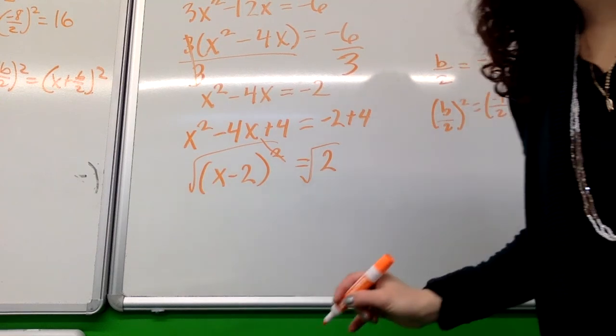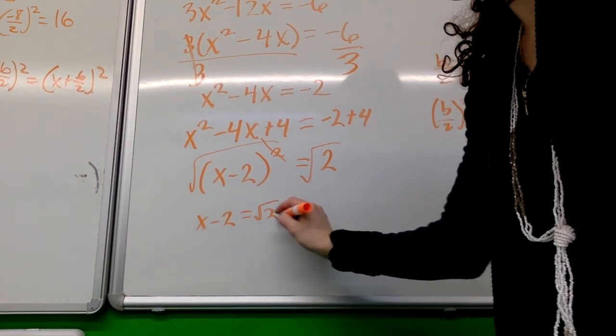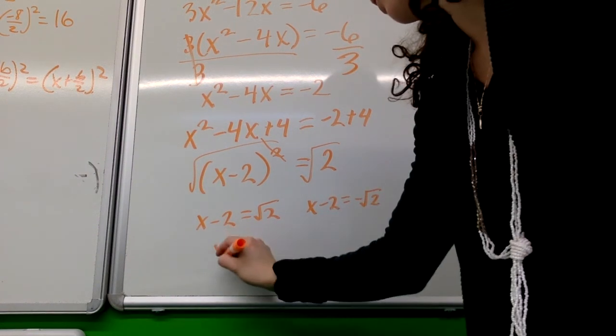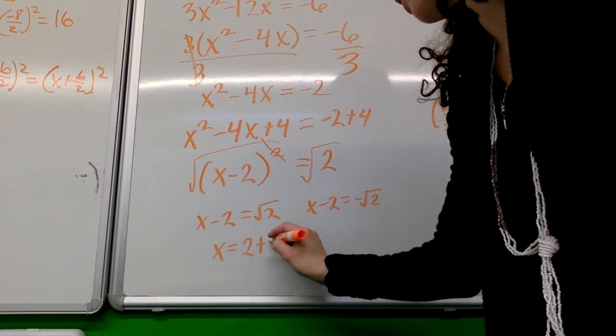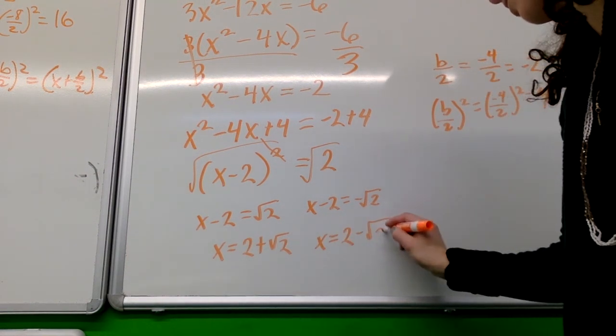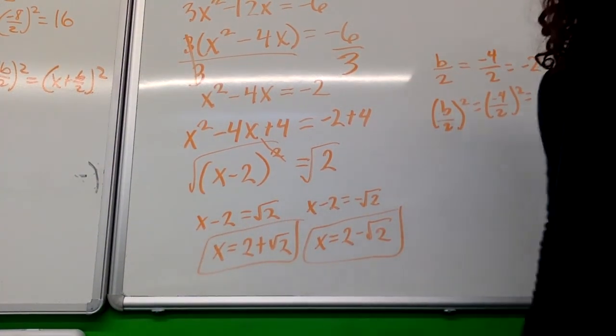We get x minus 2 equals square root of 2, and x minus 2 equals negative square root of 2. So we get x equals 2 plus square root of 2, or x equals 2 minus square root of 2. And that's how you complete the square.